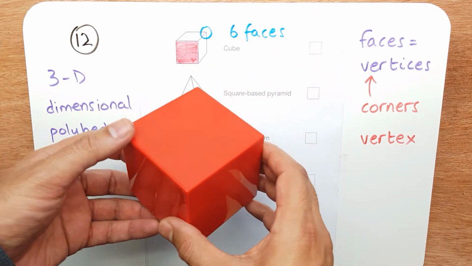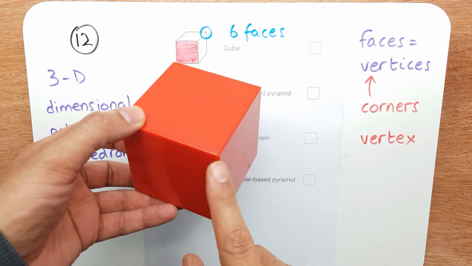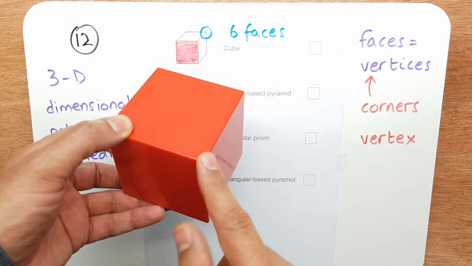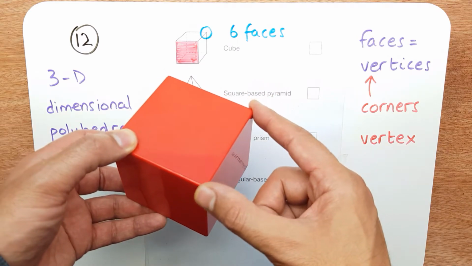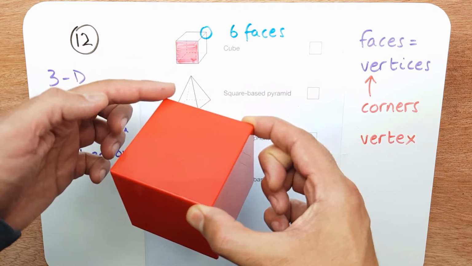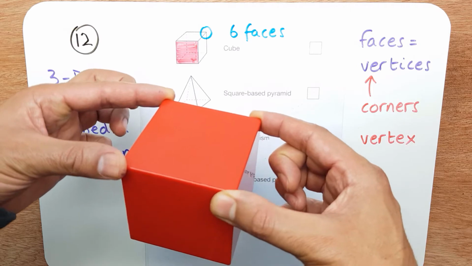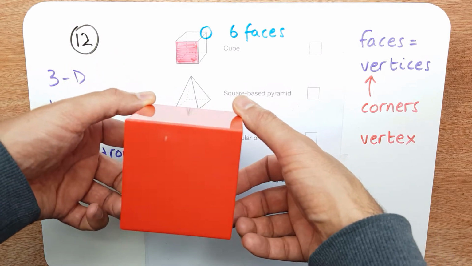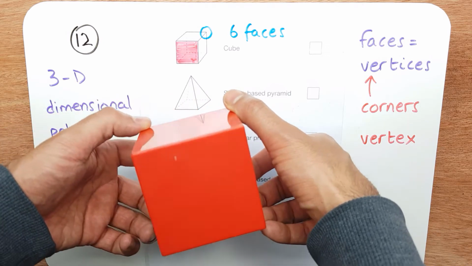Now if you look at the vertices or each vertex, you can see there's one corner here, 2, 3, 4. So we have 4 vertices at the top, and if we turn the shape over, we have another 4.